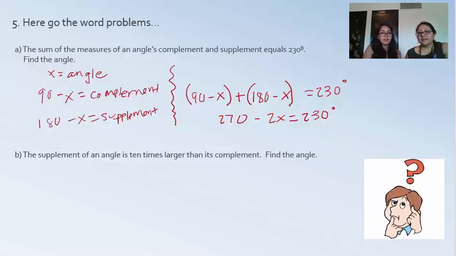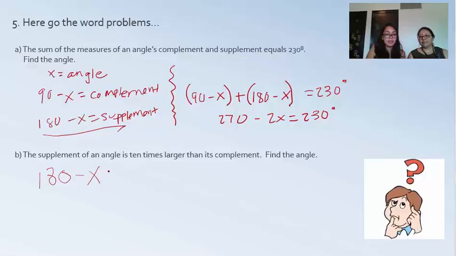Okay, now for the next word problem: the supplement of an angle is 10 times larger than its complement. What we did for this one was, we have the supplement of an angle, so 180 minus x equals 10 times larger than what? Its complement.